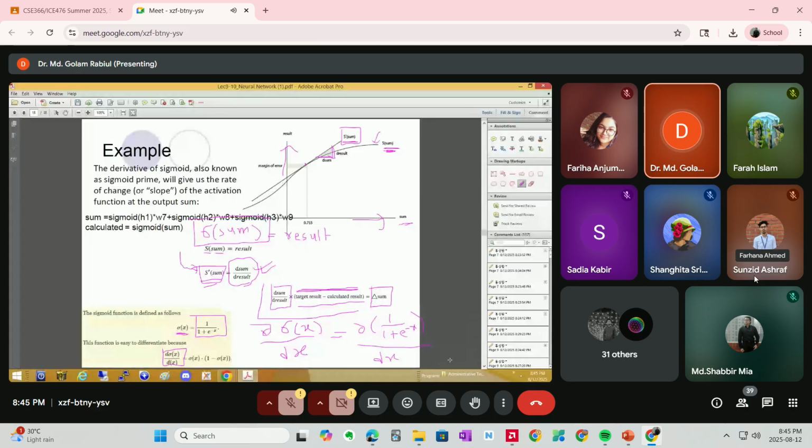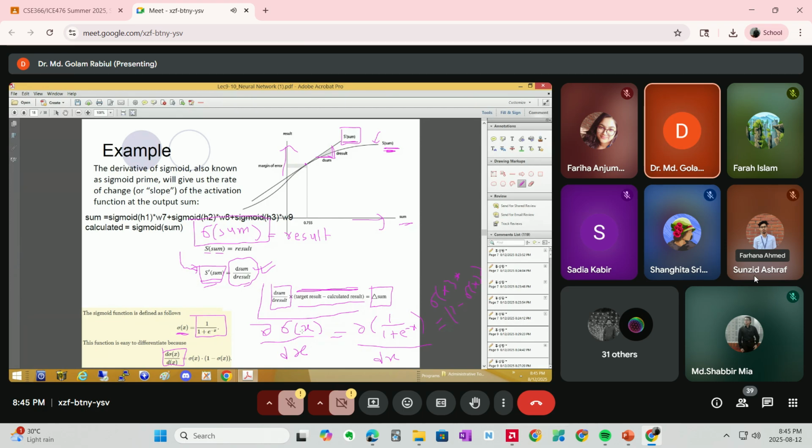So then what we will get finally, we can take the derivative. We know how to determine the derivative of an equation. So finally we will get that it is equivalent to sigmoid of x times 1 minus sigmoid of x.